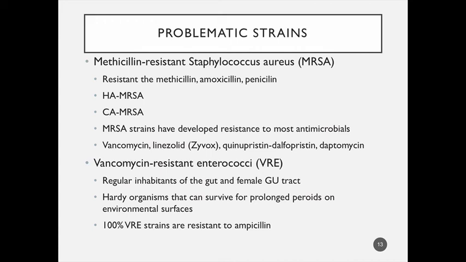And I'm not even going to try my best to pronounce quinupristin and dalfopristin. Quinupristin and dalfopristin are drugs that essentially are going to be protein synthesis inhibitors. They're kind of two drugs combined. They're sort of interesting because on their own, they're bacteriostatic, but in combo, they have a bactericidal effect.